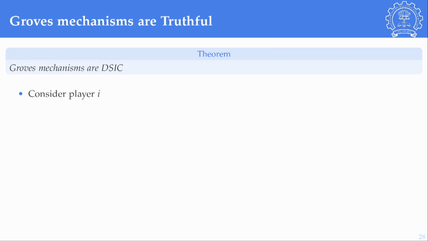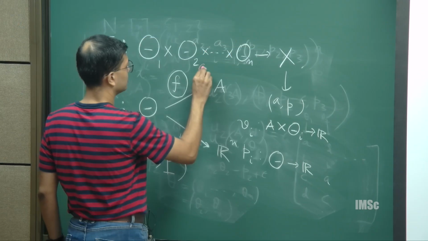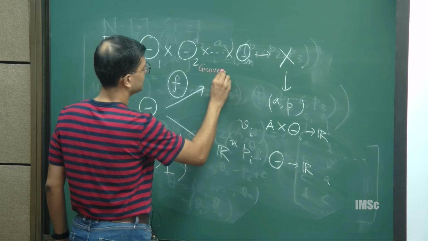So, our claim is about this Groves mechanism. So, what is the Groves mechanism? It has two components. The first component is this F component, which is the allocatively efficient one. So, if I look at Groves, it is fixing two things.